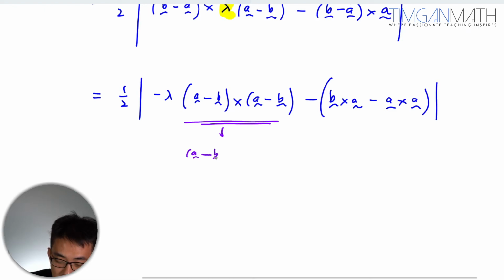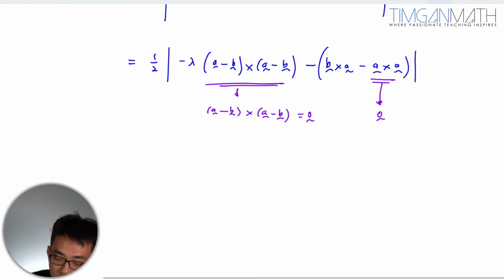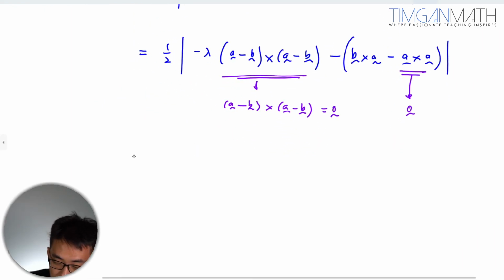A minus B cross A minus B will just be a zero vector. So I write this down: this will just be half, minus lambda zero vector, minus B cross A zero vector.